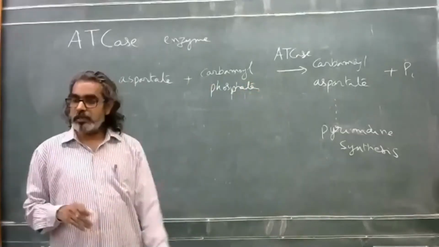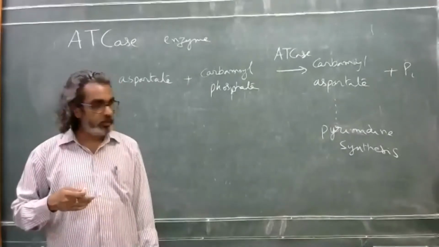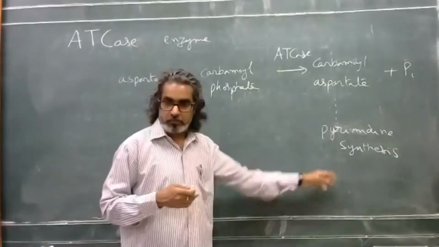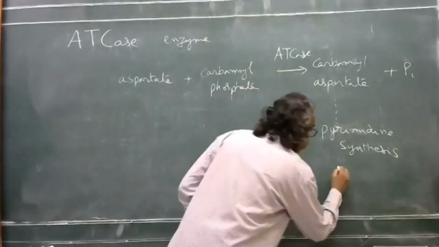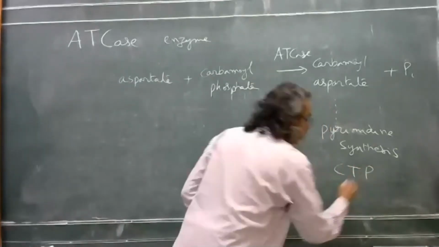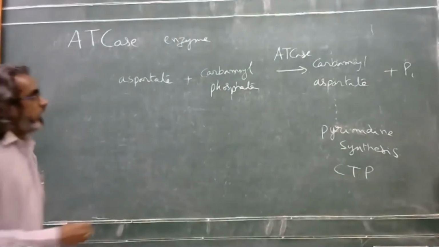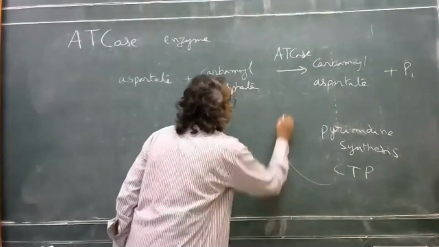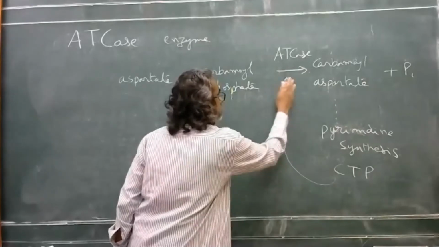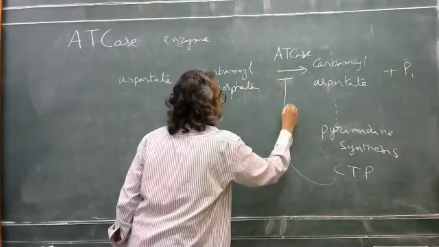So then you need to bring in a regulatory factor. Okay, so one of these downstream products called CTP, cytidine triphosphate, comes back and then inhibits. Typically the sign is this, inhibit.